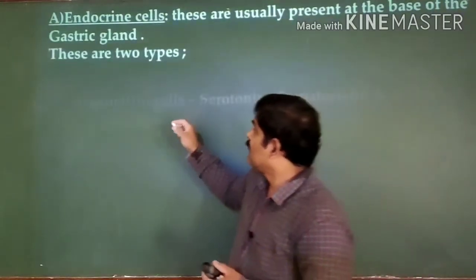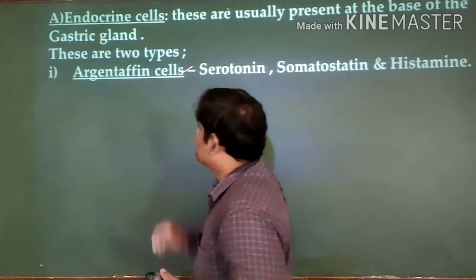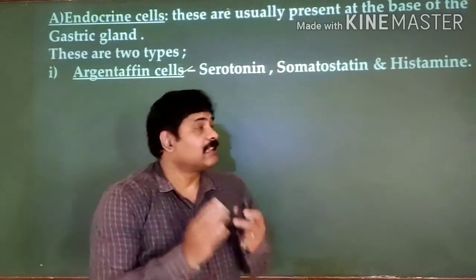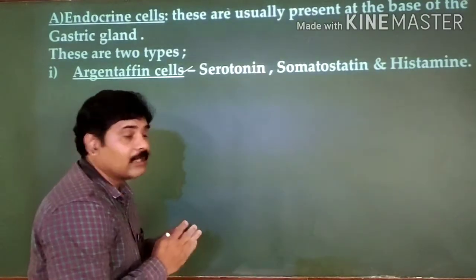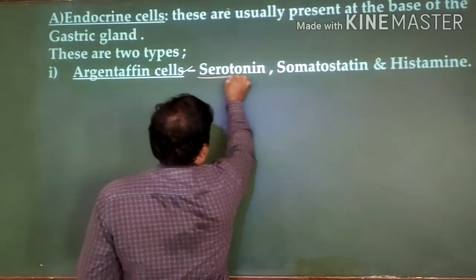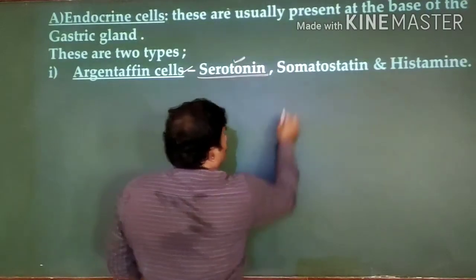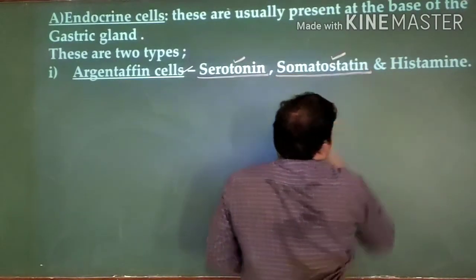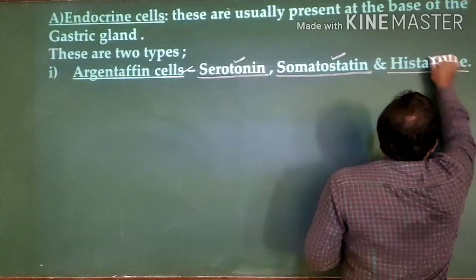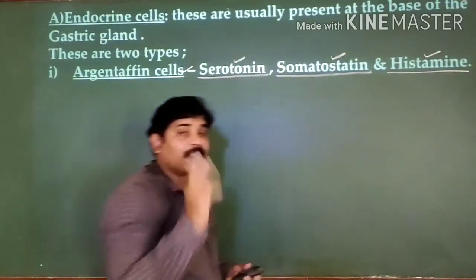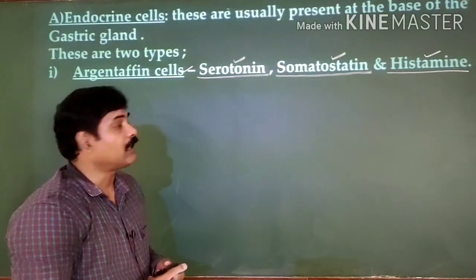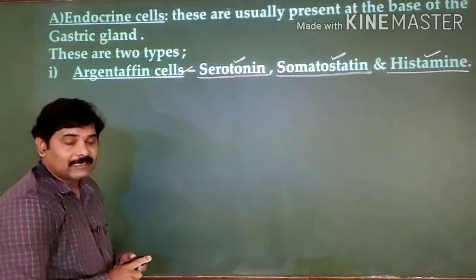One is the adjunct cells, and these adjunct cells produce hormones like serotonin, somatostatin, thereafter histamine. Three different types of hormones are secreted by these adjunct cells.